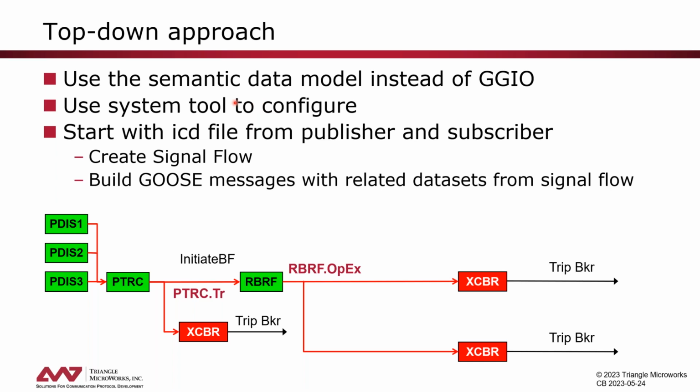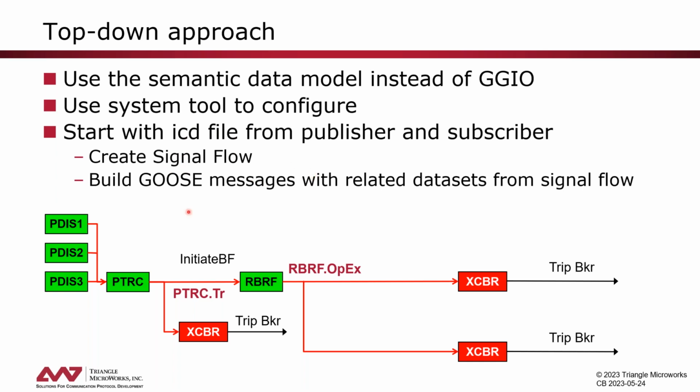So now we would use the system tool. We would start with the ICD from publisher and subscribers. Typically these protection relays that support both DNP3 or other communications, as well as IEC 61850, also support an ICD file for 61850. So we can use that as a basis to create now our signal flow using the standard 61850 engineering process, and then based on that, build our GOOSE messages with the related data sets from the signal flow.